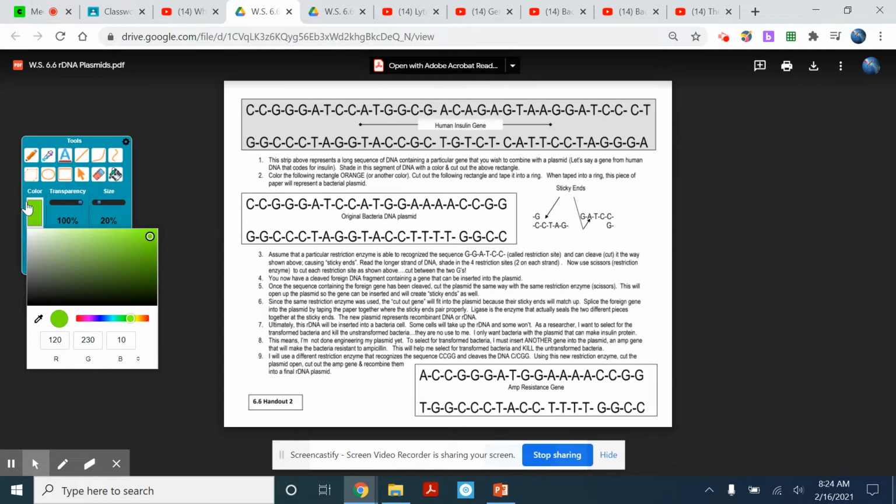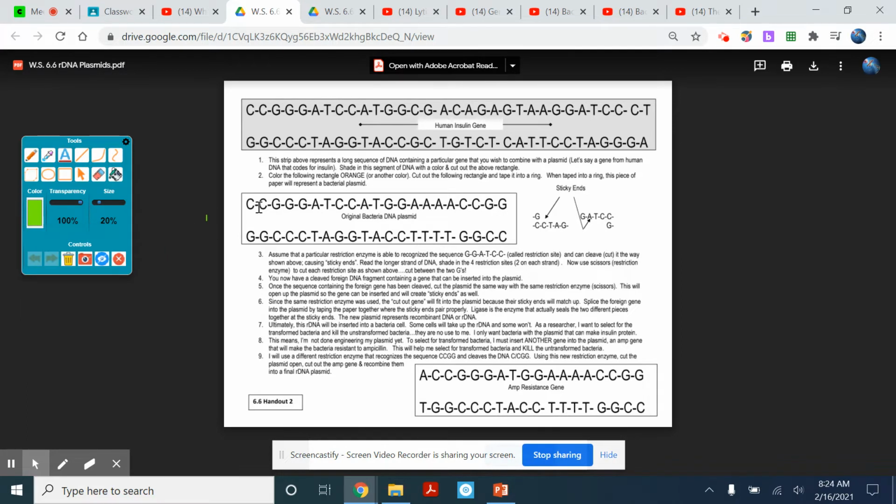So grab a colored pencil. And what I want you to do is a quick shade over, very lightly shade over this section, this little piece of DNA that I gave you here.